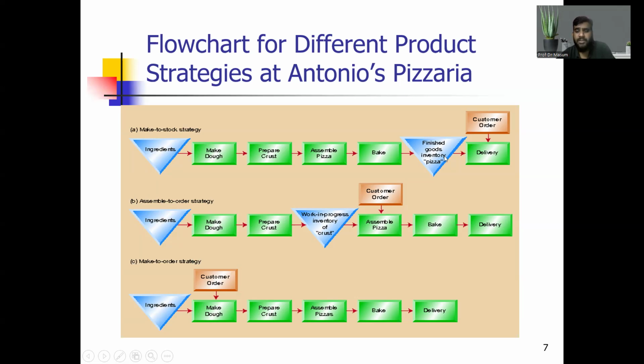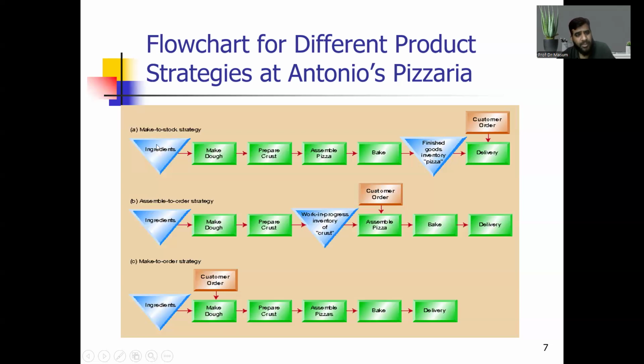Think about the Pizza Hut in our country. What do they do in the make to stock strategy? So here is the customer order. When you place the customer order, the products are ready. Finished goods are available in their inventory. They'll deliver the product. It is known as the make to stock strategy.